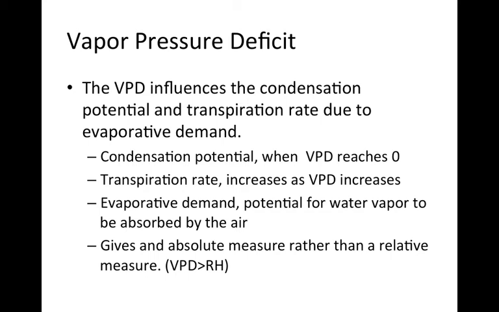The same is true for the evaporative demand, meaning that the potential for water vapor to be absorbed by the air is greater as the VPD increases. The vapor pressure deficit is more accurate than relative humidity, as it gives an absolute measure rather than a relative measure of the amount of water vapor that is currently in the air.